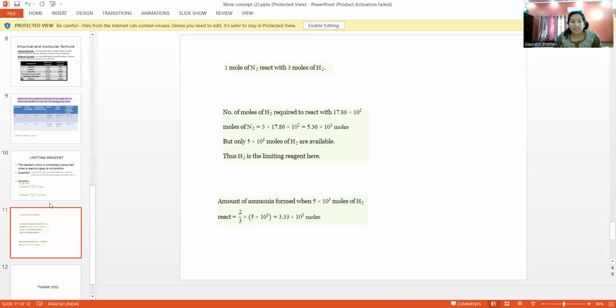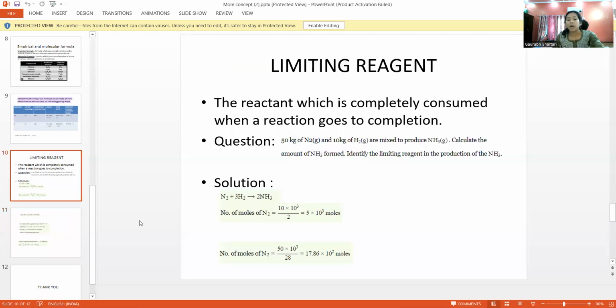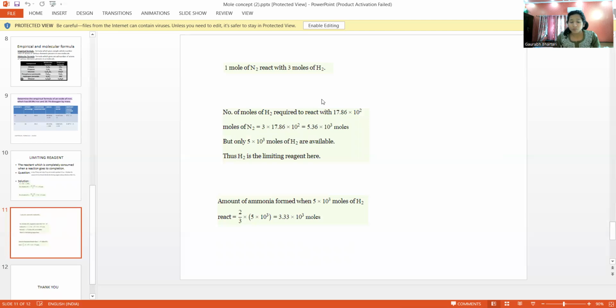Now, as we can see through the equation, 1 mole of N2 reacts with 3 moles of H2 to give 2 moles of NH3.